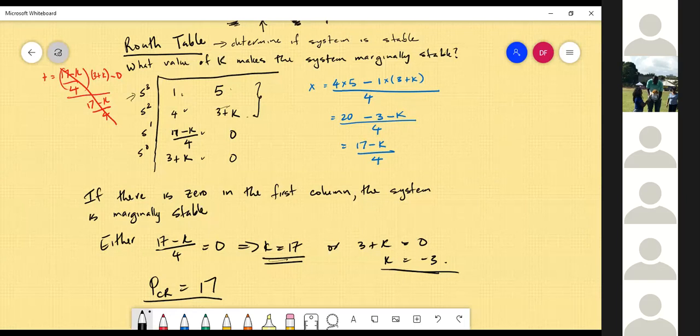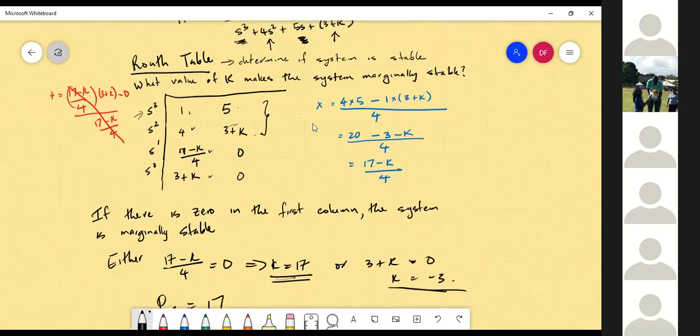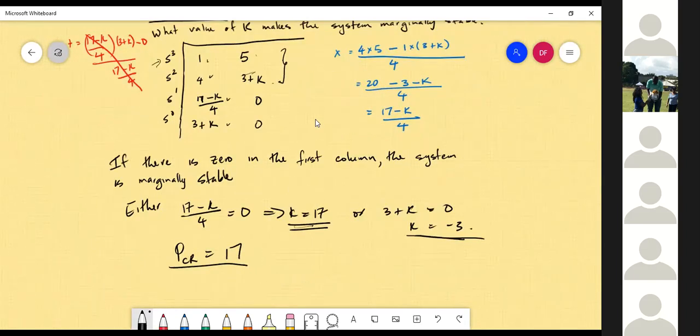But again, from controls or from signals, we know how to find frequency whenever we are given a system. So the system characteristic equation: write that down first, and then we discuss what we do.